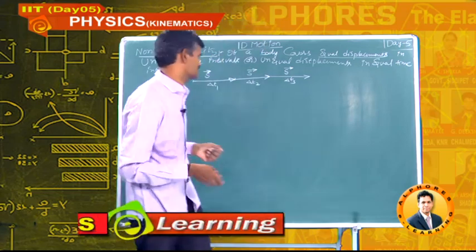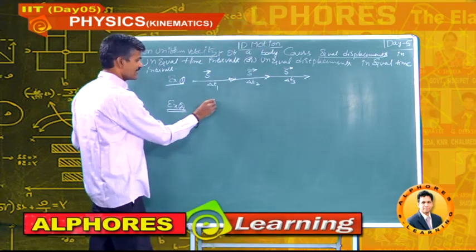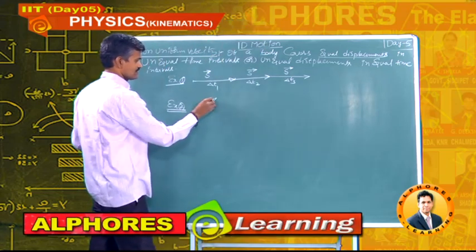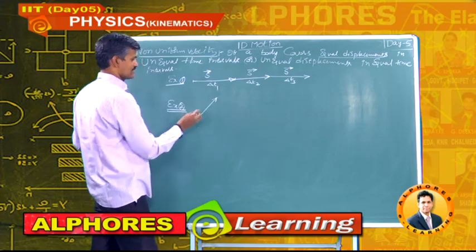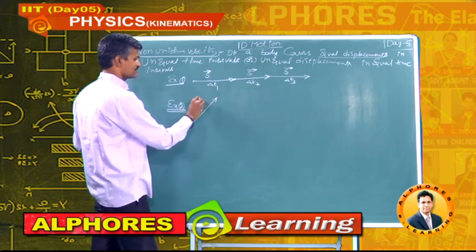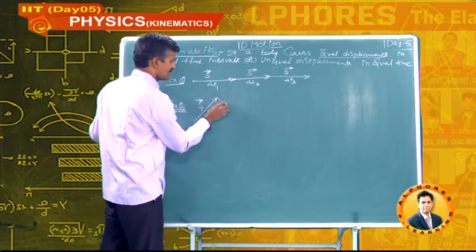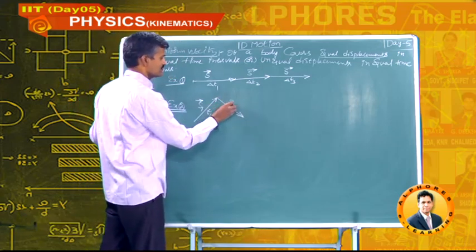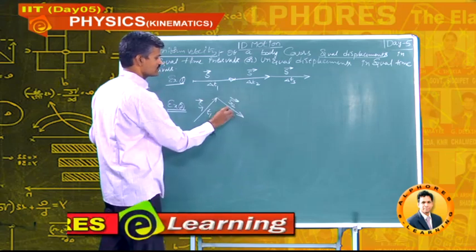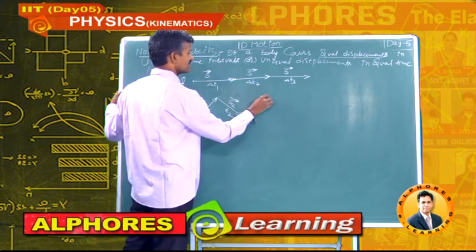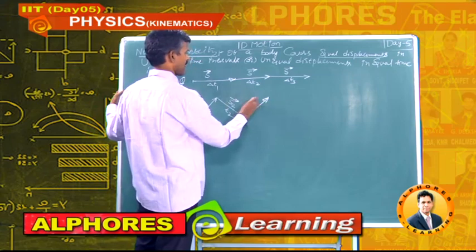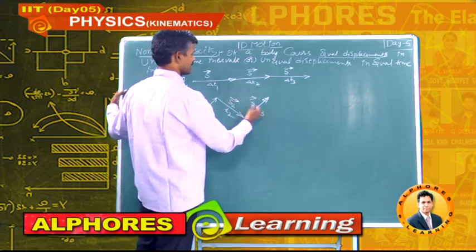First example is the body covers some S1 bar displacement in T1 time interval, S2 bar displacement in T2 time interval, and S3 bar displacement in T3 time interval.